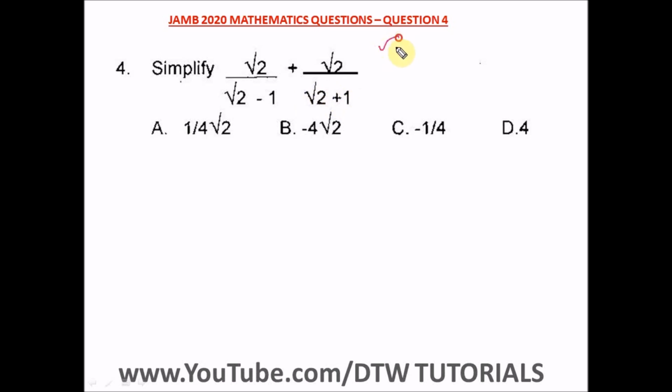So we have this root 2 over root 2 minus 1 plus root 2 over root 2 plus 1.